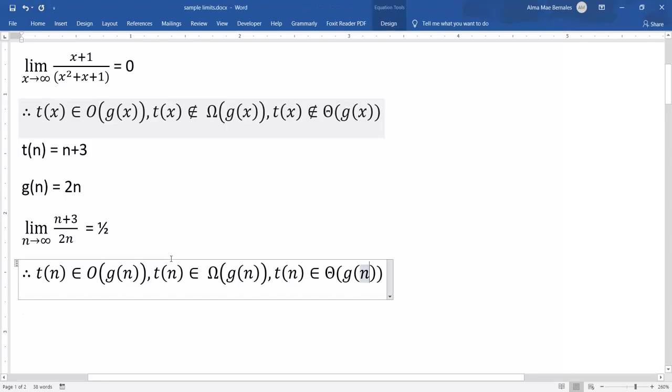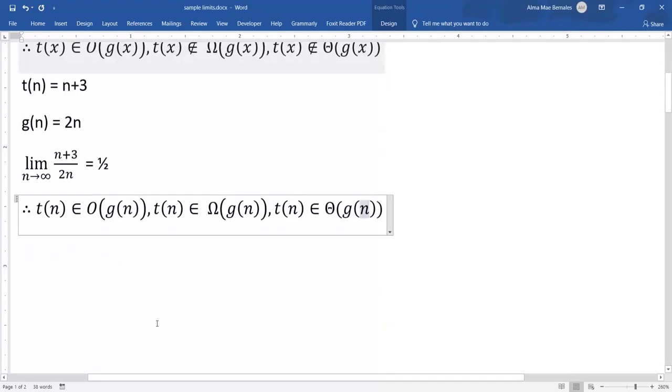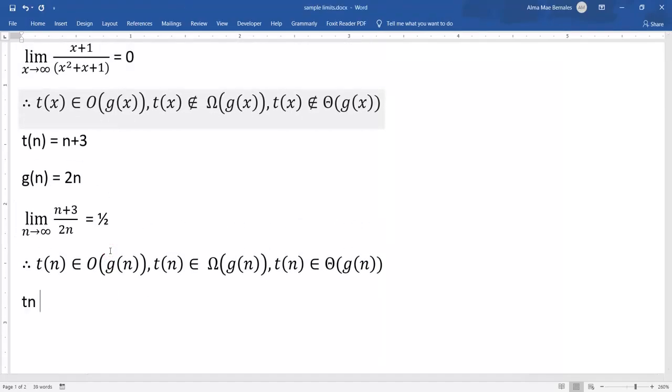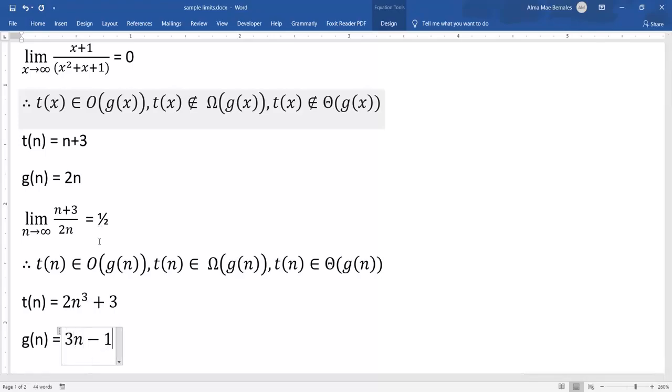Okay, now let's have one last example. T of N equals 2n cubed plus 3, while our G of N equals 3n minus 1.